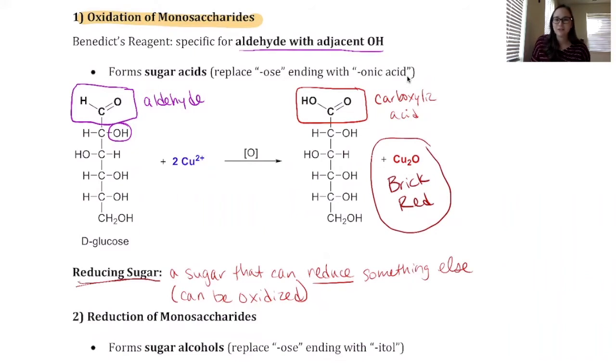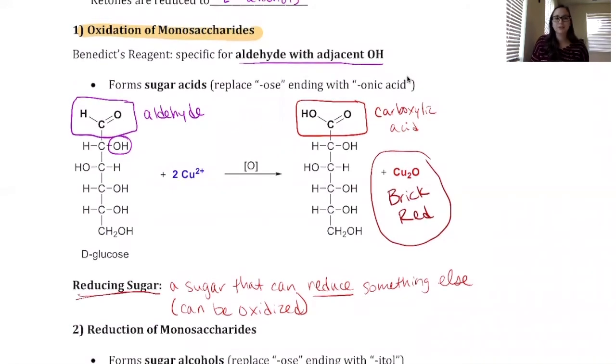You see reducing sugar and think it can be reduced, but it's the thing doing the reducing, so it has to get oxidized in the process. Our reducing sugars are specifically aldoses, and this Benedict's test, the oxidation of monosaccharides, is a test for reducing sugars.